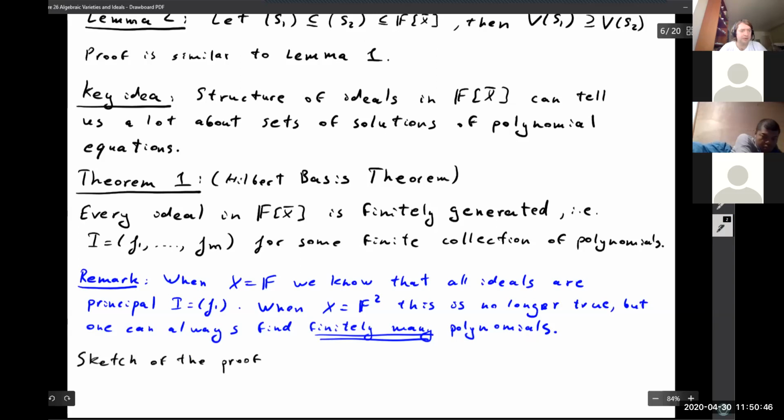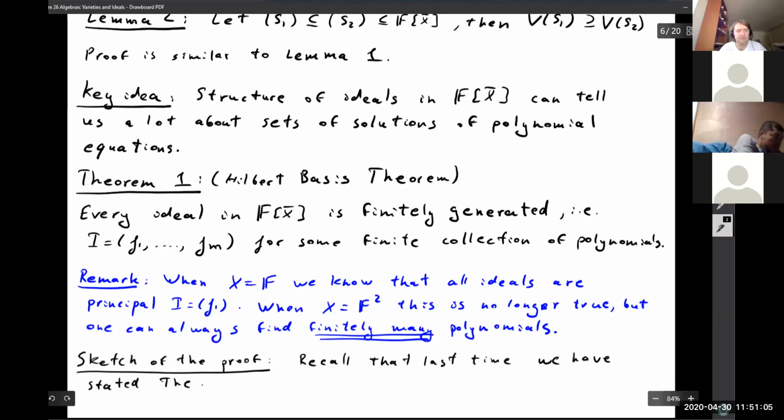Since we already talked about Noetherian rings, I can really explain how the proof goes. So recall that last time we stated the theorem that F[x] is Noetherian.